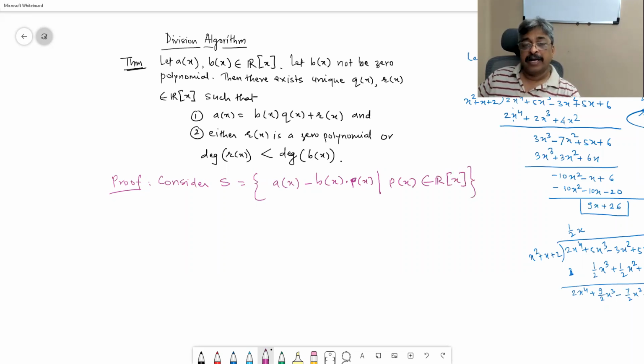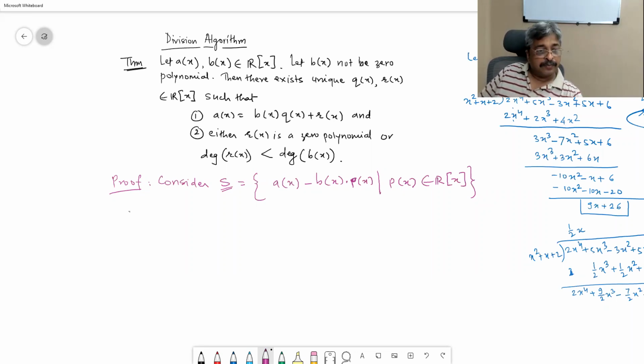This is the correct way of writing. Whatever numerically we have carried out here, this is the correct way of writing. And now what is this box? Box S contains all possible remainder polynomials which will satisfy this equation.